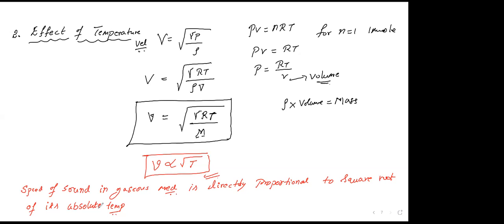Here approximately 0.61 meter per second per degree rise in temperature. So that much speed will be increased. If you raise the temperature by 1 degree Celsius, then approximately the speed of sound will rise by 0.61 meter per second. Let's copy this one. So it is directly proportional.